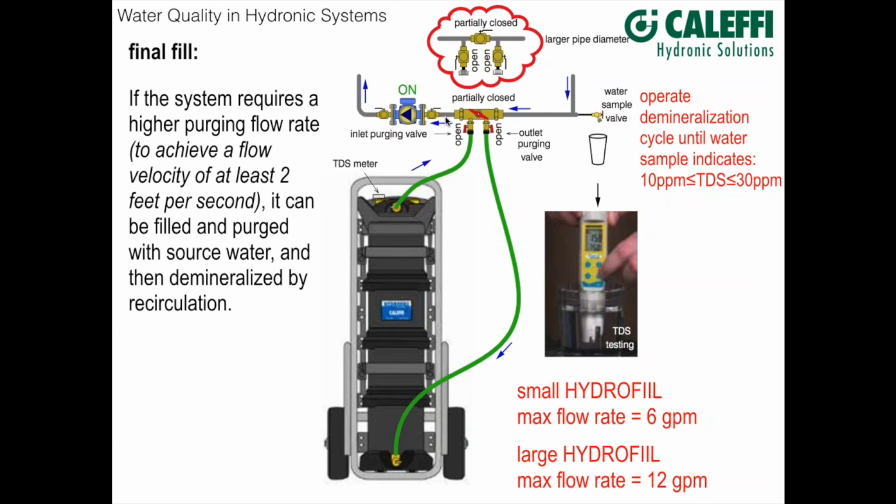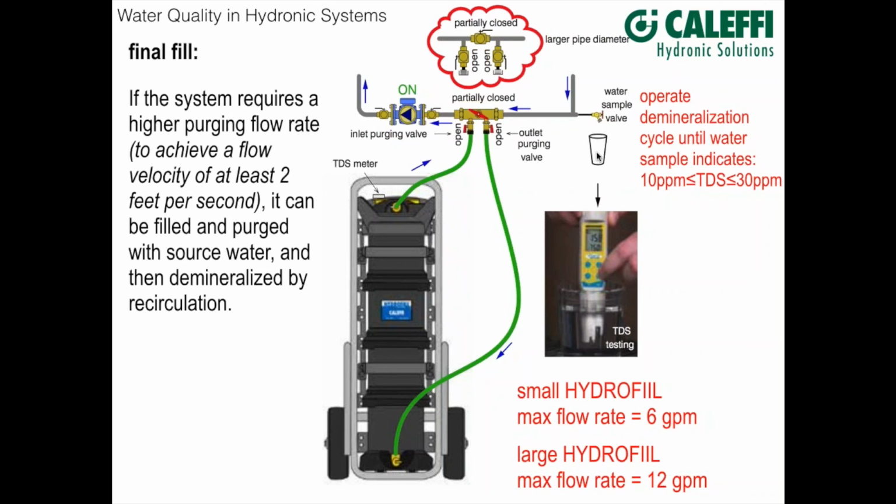It's going to kind of taper off as we get more and more repetitions of the flow going through the hydrofill. So it's important that we take a sample outside of it. The TDS meter on the hydrofill is giving you the TDS of the water leaving, but that's not necessarily the TDS of the water in the loop because of the mixing process.